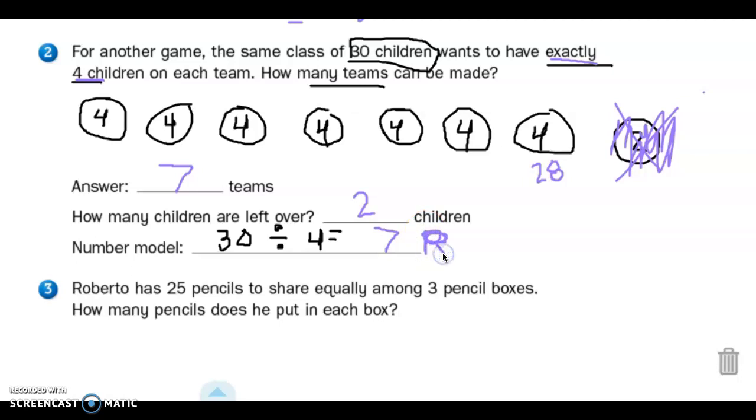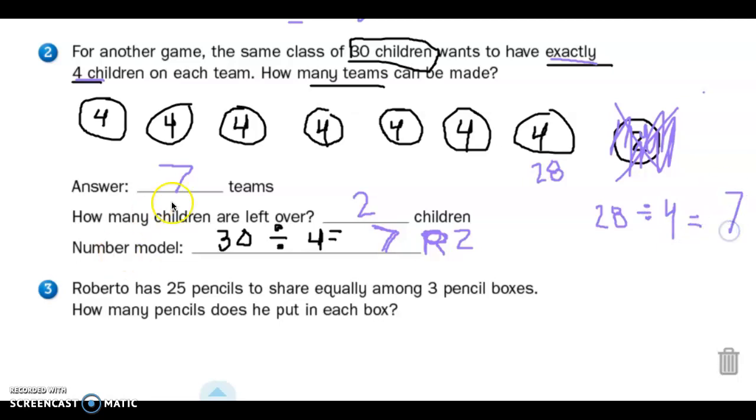So this uppercase R stands for remainder. Say that word with me. Remainder. So 30 divided by 4 is 7 groups with a remainder of how many? 2. Nice work, 3rd graders. Amazing. If I were to take this 28 divided by 4, I could leave it with 7 because that's true.